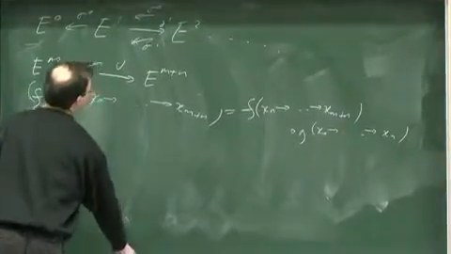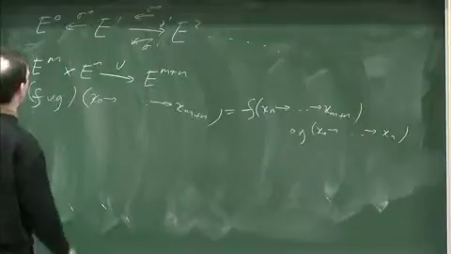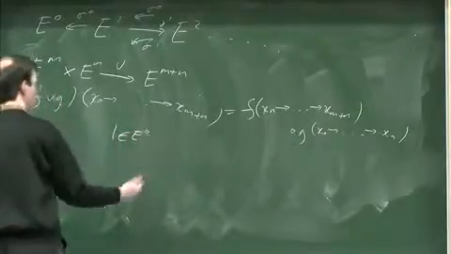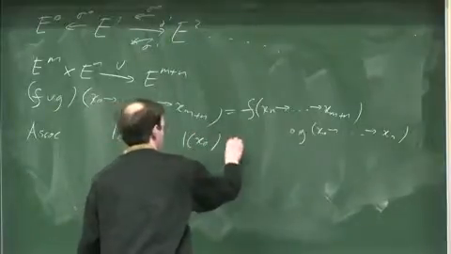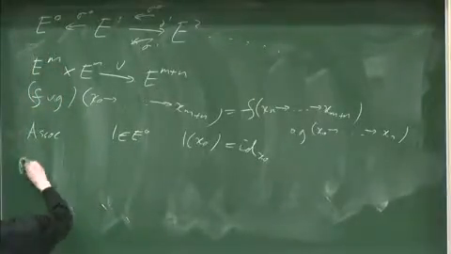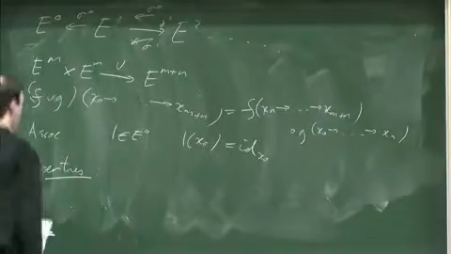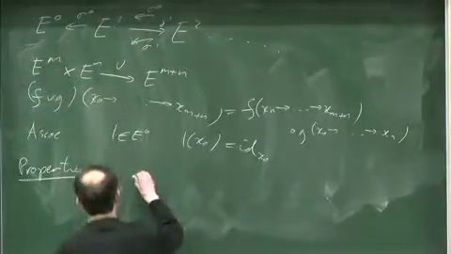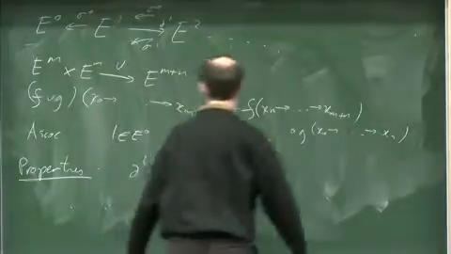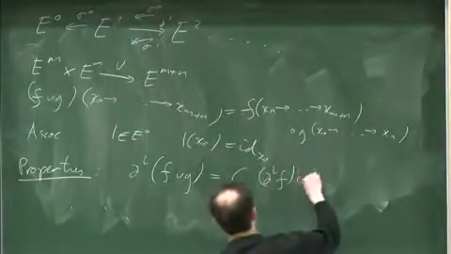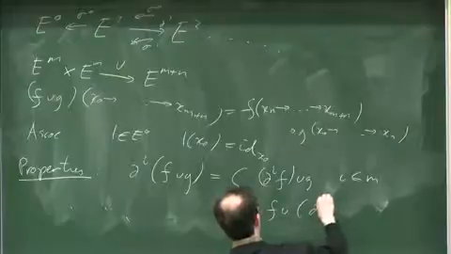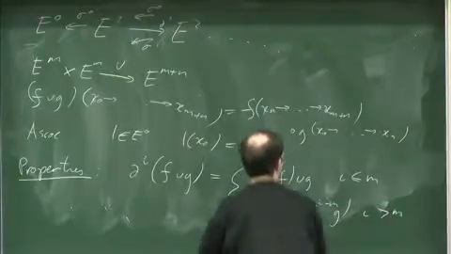And properties that this thing has, in addition to being co-simplicial, as well as this product, which is associative, we've got a unit in E0 just given by the identity for all x0. And if we look at di of f cup g, that's just di of f cup g if i is less than or equal to m, and f cup d i minus m g for i greater than m.